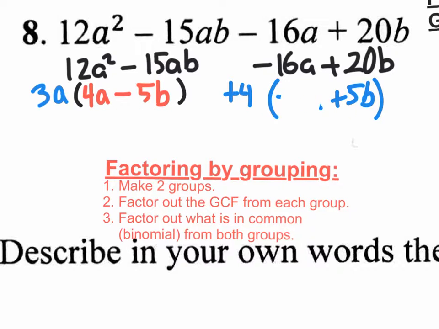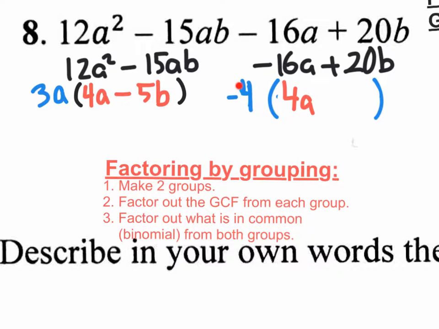So let me go back to this, erase this, and let me actually change this positive 4 that I factored out. Let me make it a negative 4 that I'm factoring out. Now why is that? Because if I pull out a negative 4 times what gets you a negative 16a? That would be positive 4a, right?